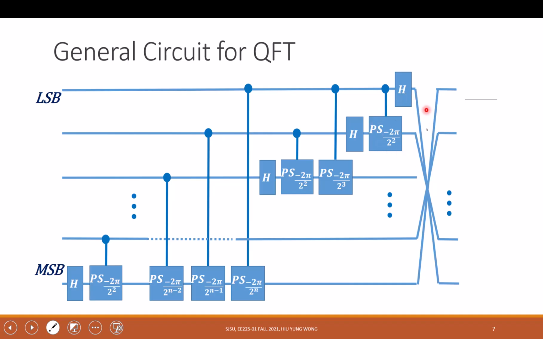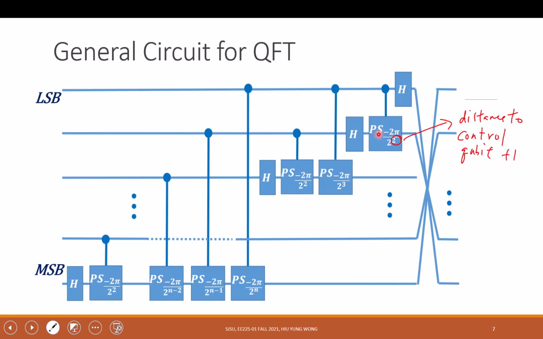Is this okay? Okay, and what is the angle you want to shift? It's negative 2 pi divided by 2 to the power 2, where 2 is the distance to the control qubit plus 1.